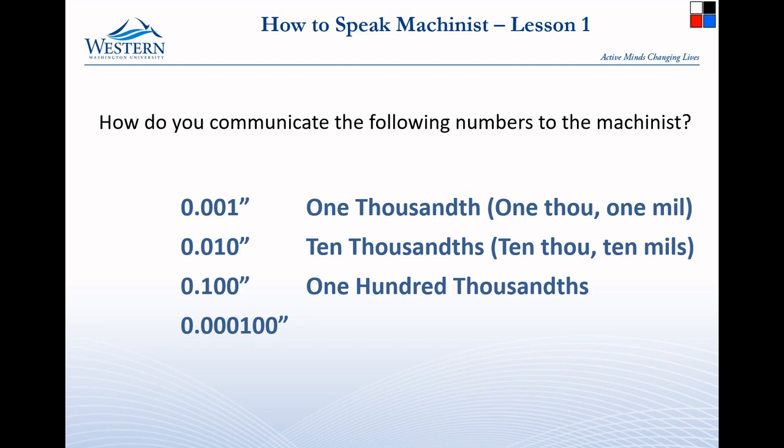This number right here, 0.0001, in most shops will be a tenth. So this is 1/10,000th of an inch. This is brutal, right? But anyway, it's a tenth, because they are talking in thousandths. So it is a tenth of a thousandth of an inch. And a tenth is getting to be hard in most machine tools to hold all day long.